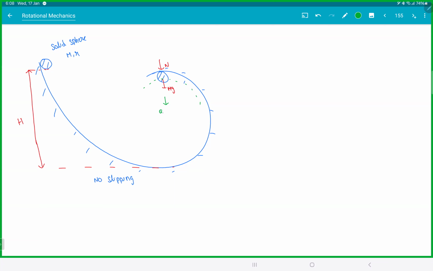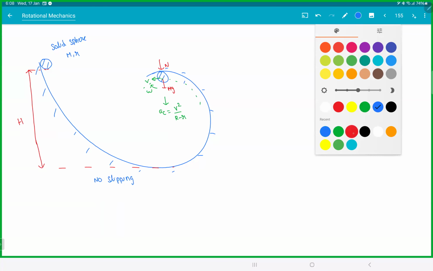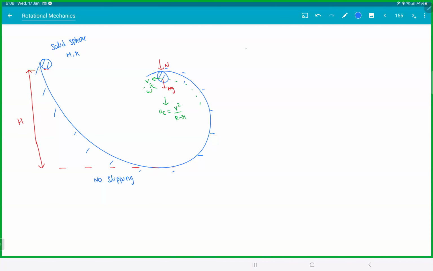So there will be a centripetal acceleration, which is v square by (R minus r). Isn't it? You should take the radius of the center of mass. And let this velocity be v here and the rotation be omega here. So for the normal reaction, N plus mg will be m into a centripetal, which is v square by (R minus r).